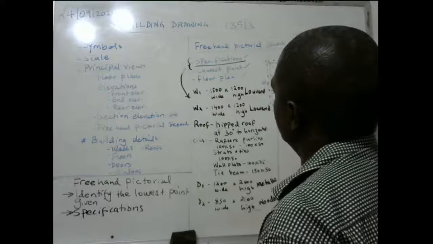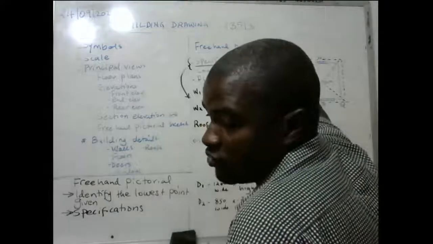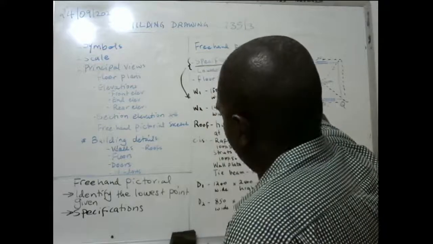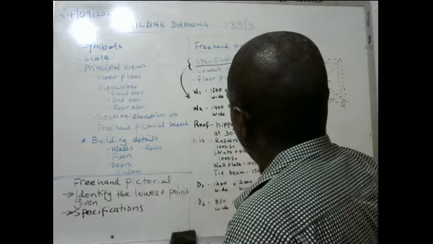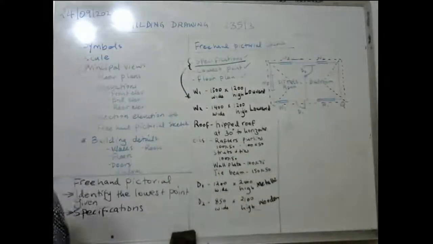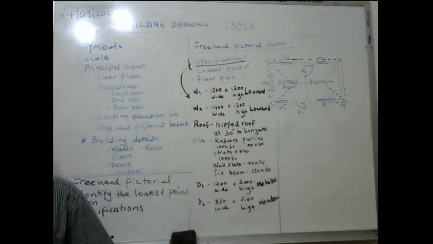So when you are reading the specifications, you are reading that the windows are louvered, because you are going to draw a freehand pictorial. Or you are looking at a certain door and it is metallic, because when we are drawing the freehand pictorial, we are drawing the outside of the building based on that lowest point.